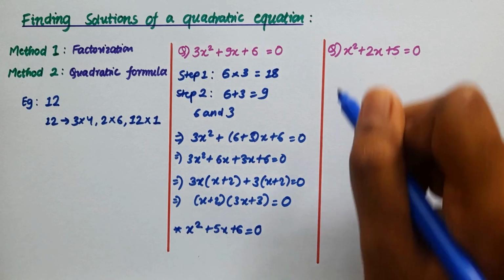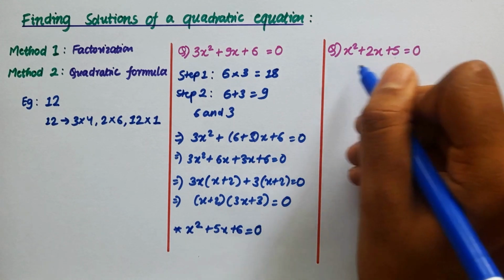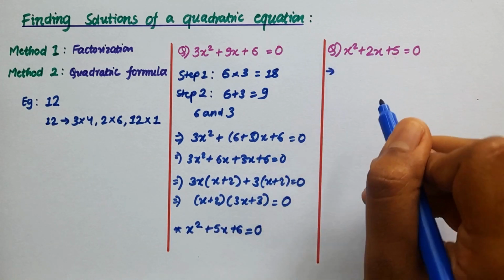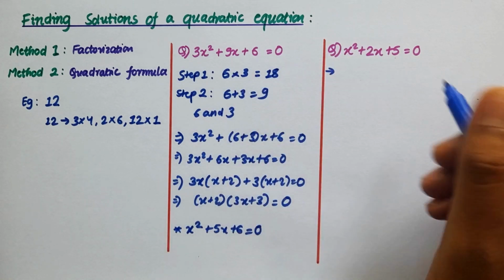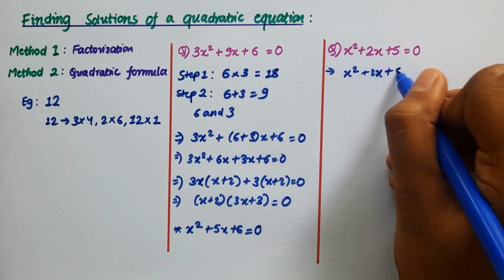Now let us move to another category. What if I have an equation which cannot be converted into this form? Then what should I do? Let's see. At first, let us try to apply the same logic in this case as we did earlier. So I'll have x square plus 2x plus 5 is equal to 0.